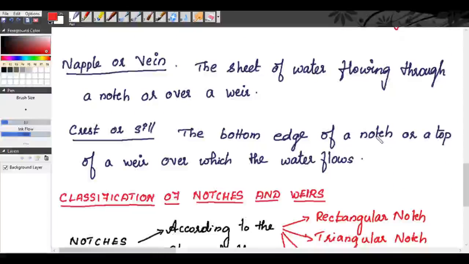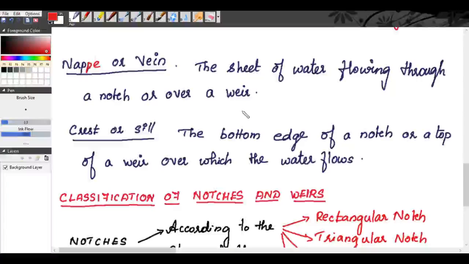So first of all, what is nappe? Nappe, or vein, V-E-I-N. It is nothing but the sheet of water flowing through a notch or over a weir.